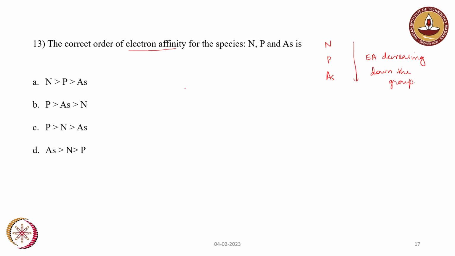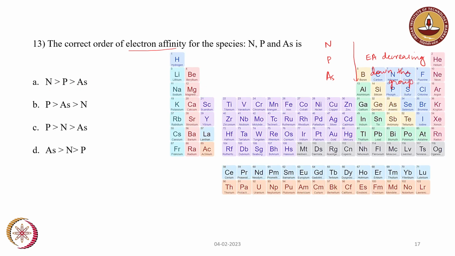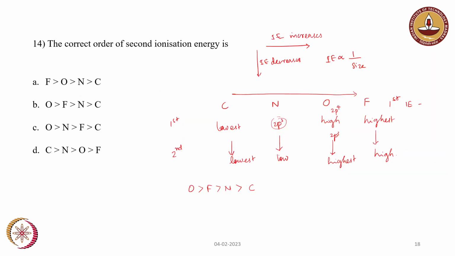So arsenic will have the lowest, then phosphorus and nitrogen.